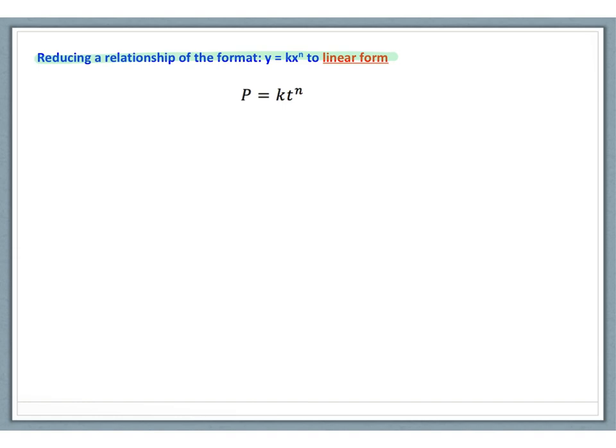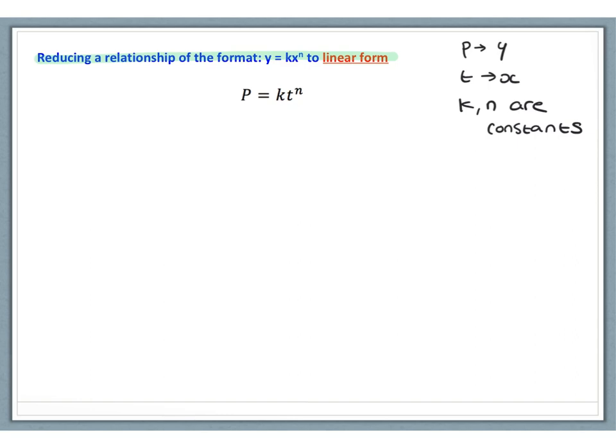So we start with the relationship p equals kt to the power of n. Remember that p effectively represents what's on the y-axis, and t effectively represents what's on the x-axis, and k and n are constants that we're going to try and find. So we're going to use logarithms to convert this into a linear format.